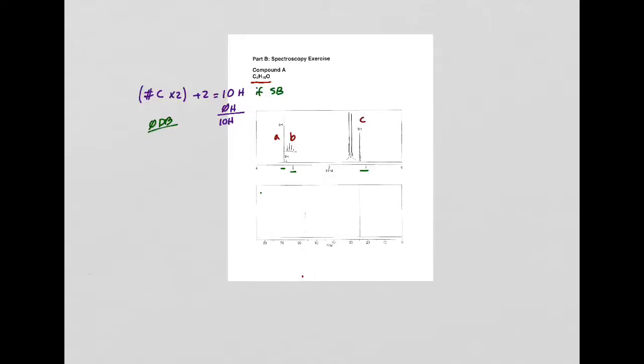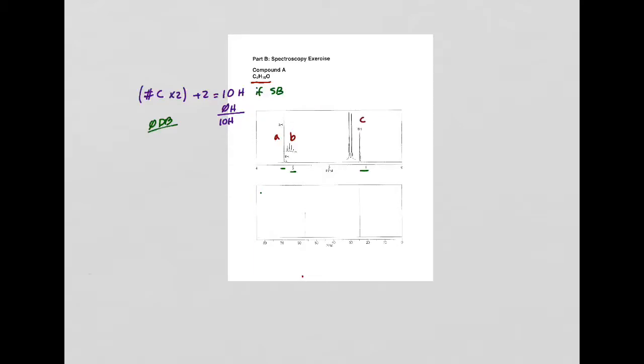Now I know I have an oxygen, I know I have 4 carbon, I know everything is single bond. Now I need to put all the pieces together. Again, this one down here is carbon NMR. We're not going to look at carbon NMR for now. This class, we're going to focus on hydrogen NMR.